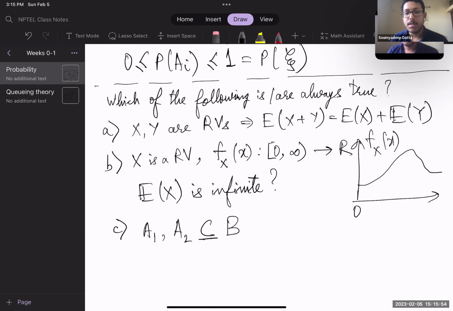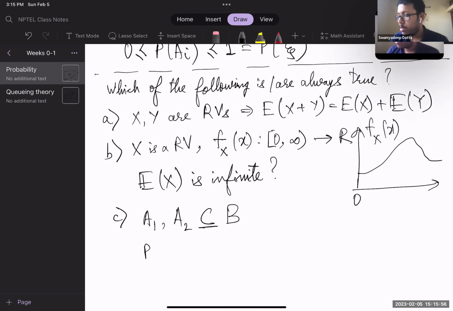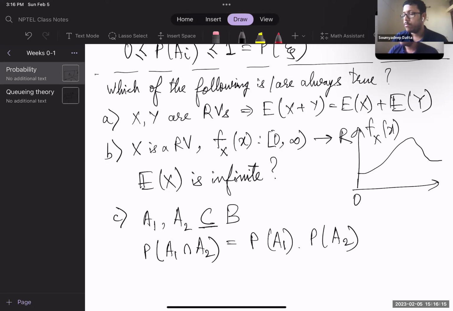Can I say that probability of A1 intersection A2 equals probability of A1 times probability of A2? So B is like a big set of events and A1 and A2 are the subsets. So can I always say this?